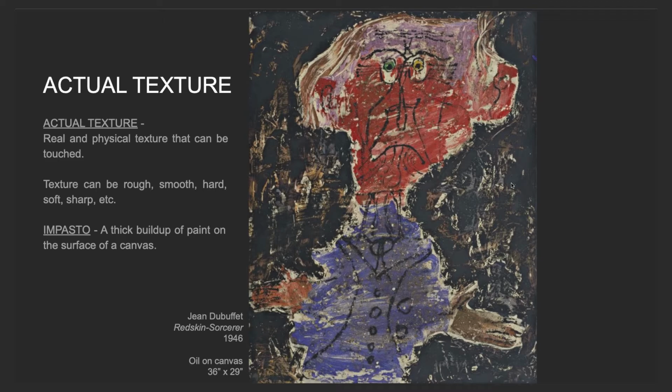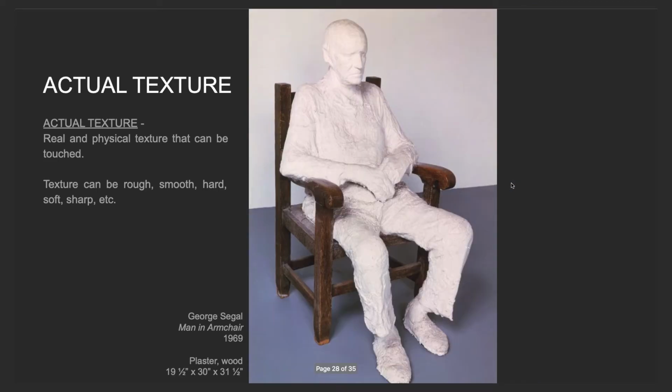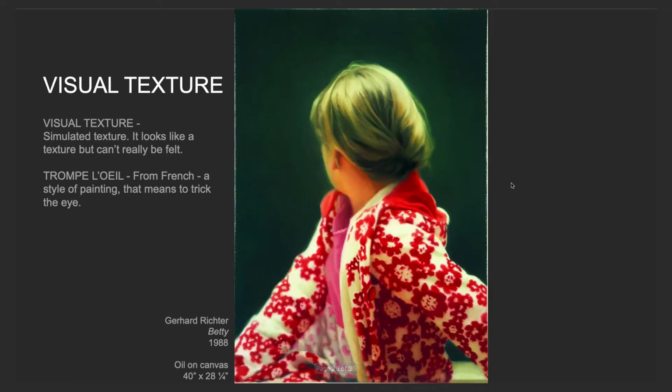Often the painting is smooth, and if the painting is smooth, you have visual texture. So visual texture is the simulation of texture. The woman's hair in this painting, the texture of the sweater, that is visual texture.